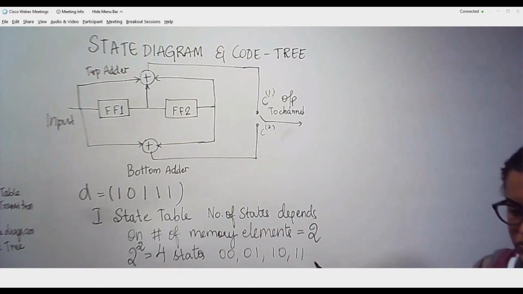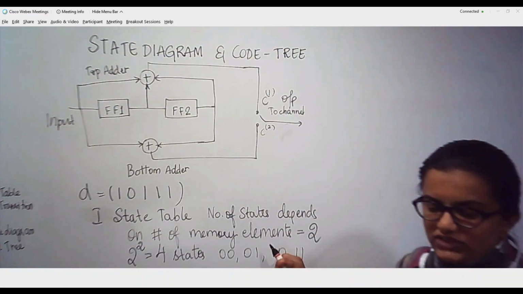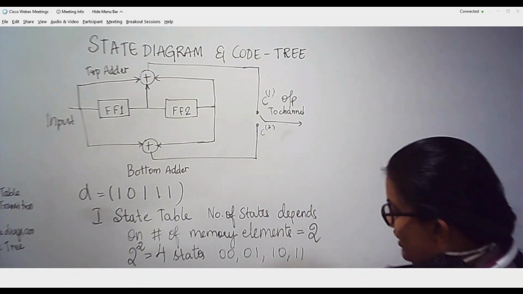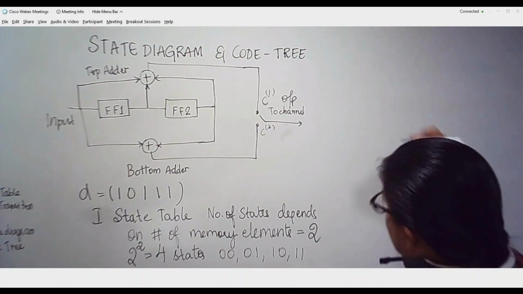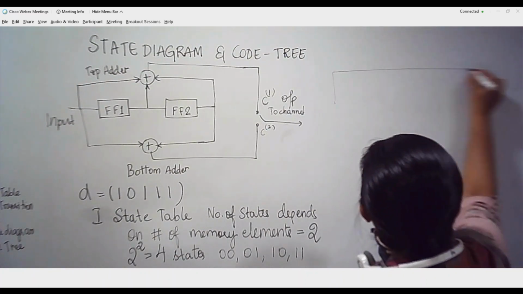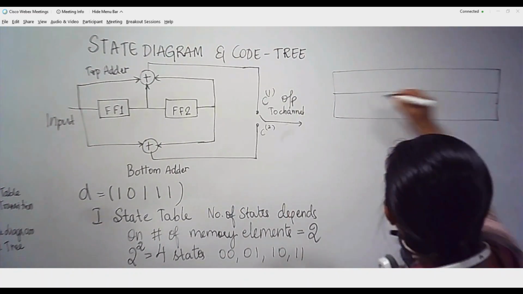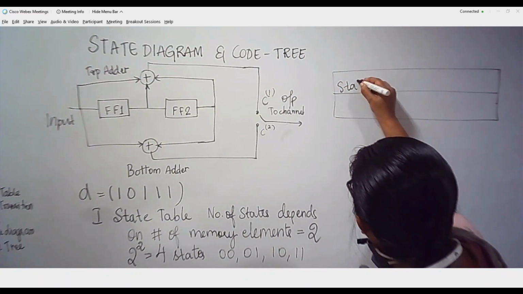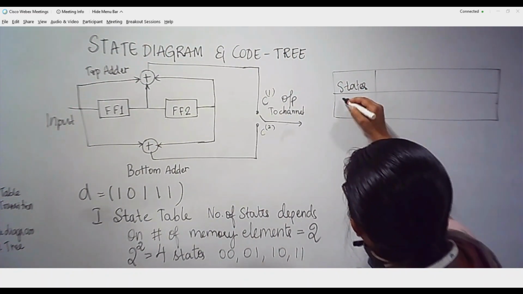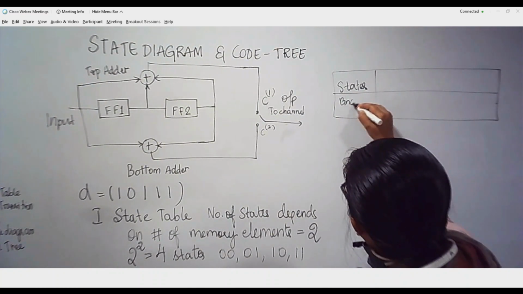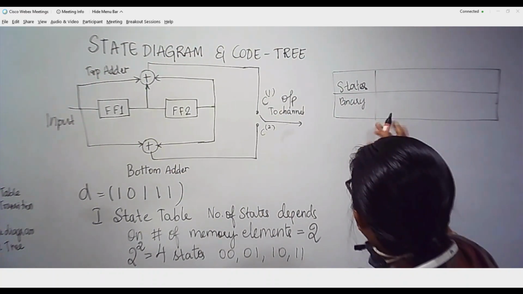So corresponding to these states, we are going to name them accordingly to address the states. How do we name this? First we will tabulate it. We are going to write the state's name at the top and the corresponding binary description over here.